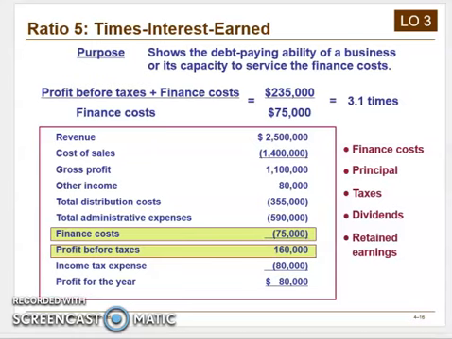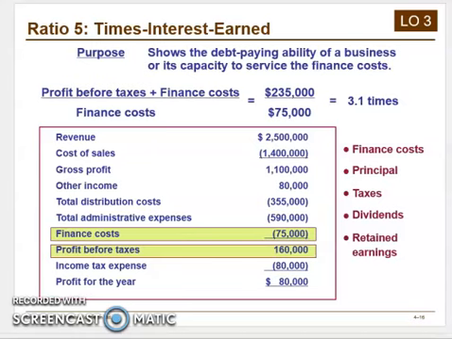Okay, times interest earned. The purpose of times interest earned is to show the debt paying ability of a business or its capacity to service the finance cost. So if you look at your profit before tax and before you cover your finance cost, how many times are you able to cover the overall finance cost? You take your profit before tax, which is 160, add back the finance cost, and that's going to give you 235.